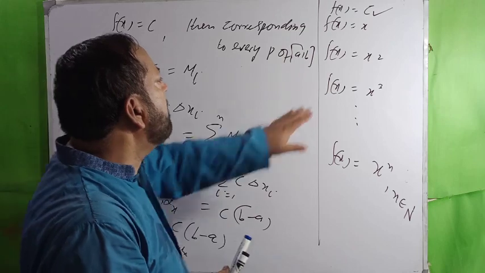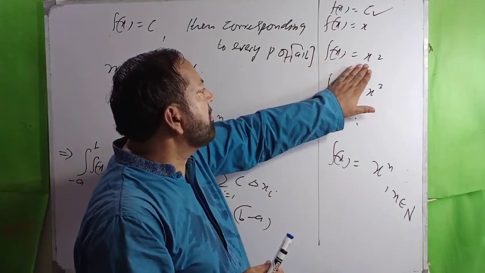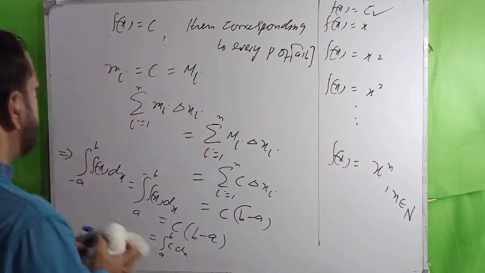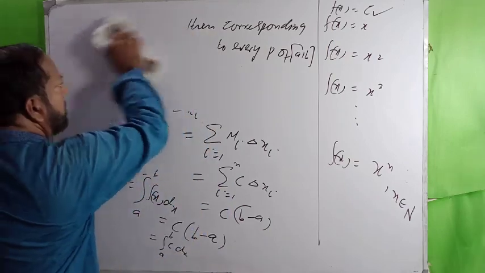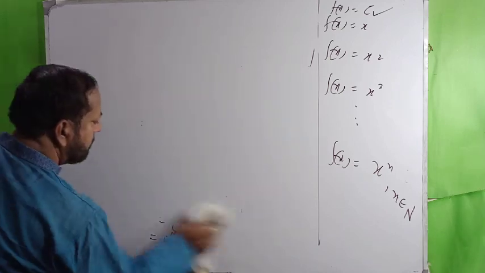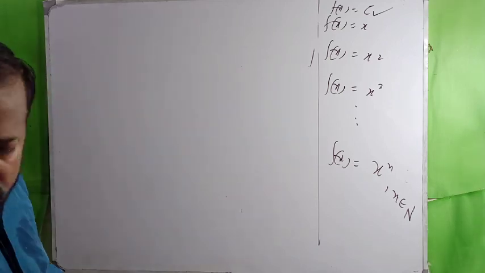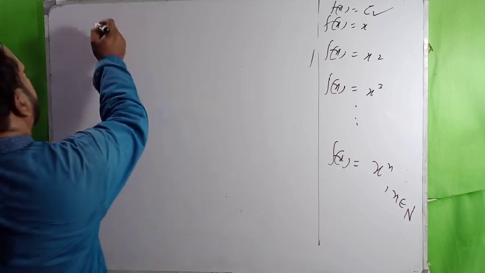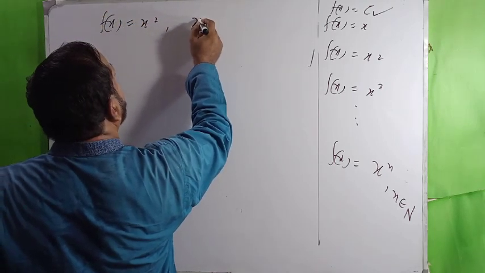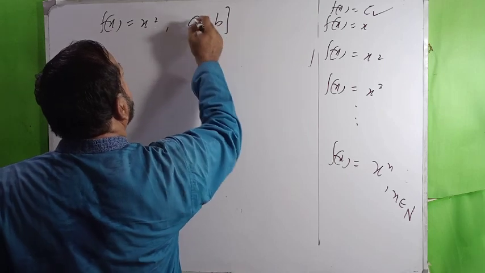Next, I can show that the function f(x) equals x square is also integrable on a closed interval [a, b]. See how we can solve this as well. The function is f(x) equals x square and the interval is [a, b].